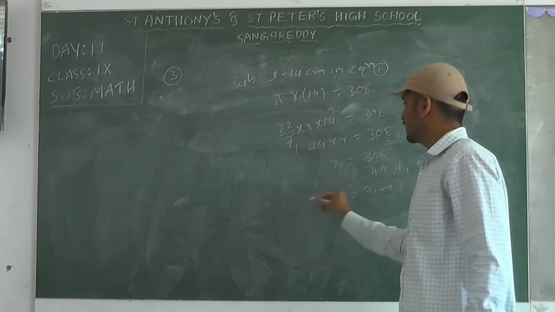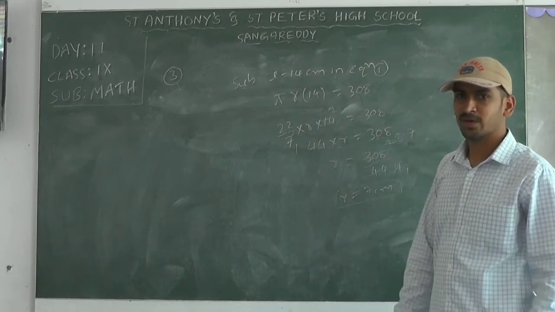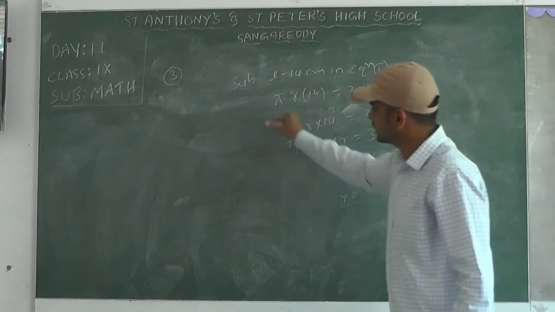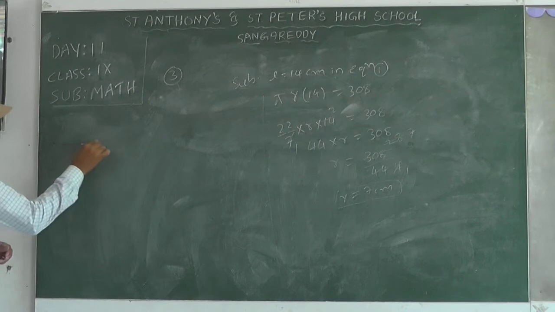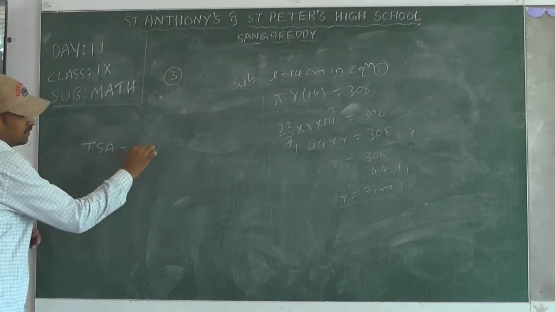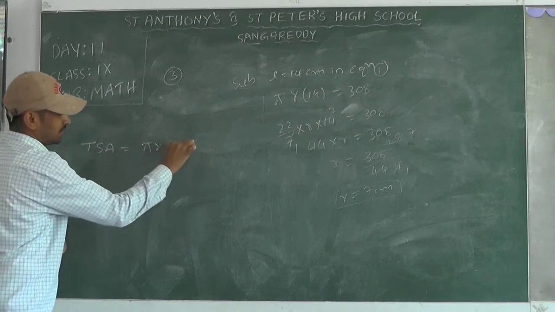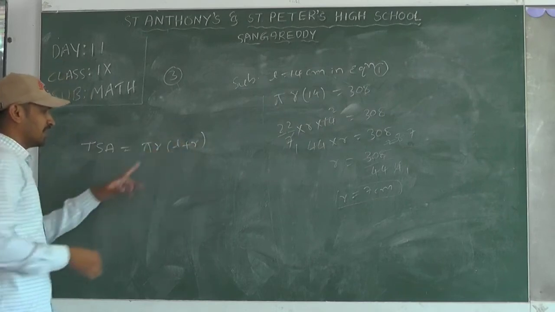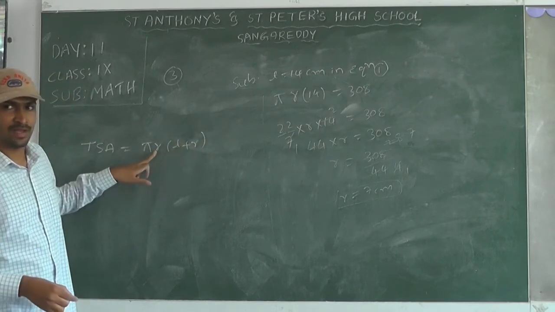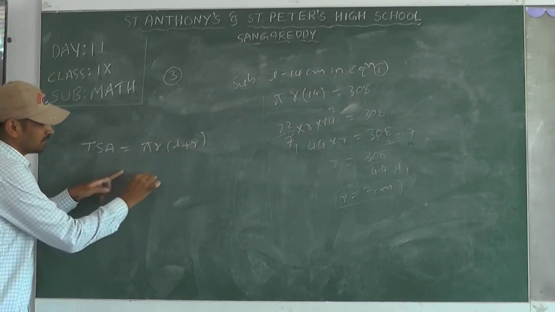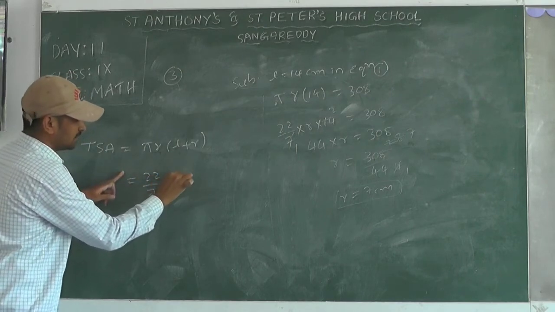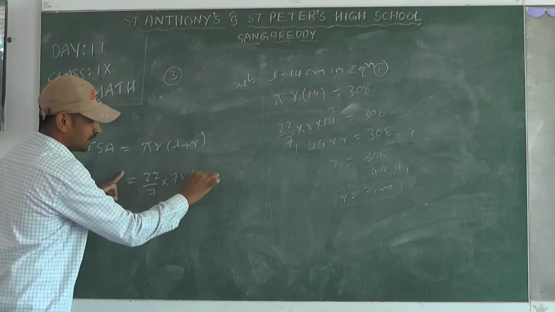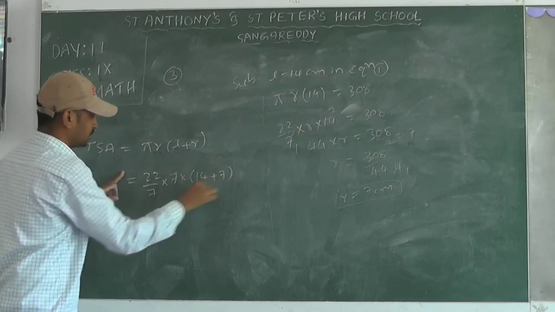So we know the radius of the base. First problem is over. Now the second one, the TSA of the cone. We know the formula, TSA equals pi r (l plus r). Now we know the r value, l value and pi value. So pi equals 22/7, r equals 7, l is given, 14 plus 7.